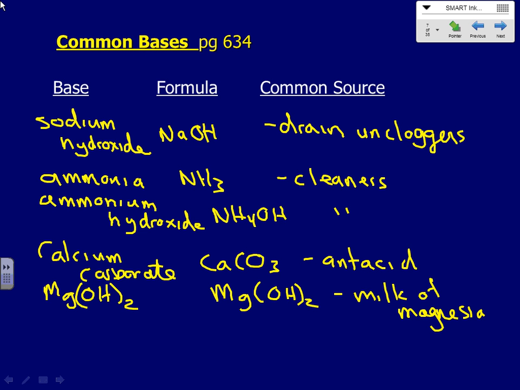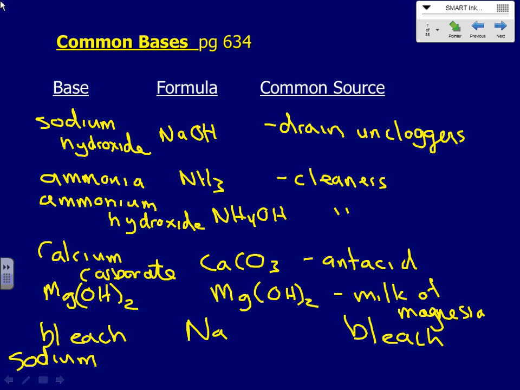One that is a cleaner, but you don't use this to, say, clean a surface. You use it to disinfect a surface, and that's bleach. Bleach is a base, and that is sodium hypochlorite, NaClO.